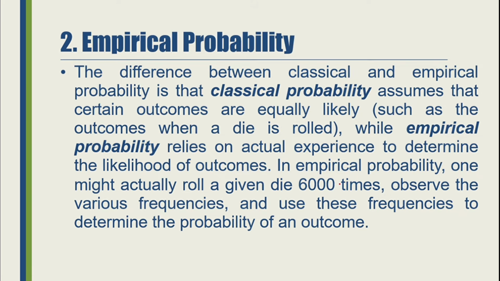In empirical probability, one might actually roll a given die 600 times, observe the various frequencies, and use these frequencies to determine the probability of an outcome. Again, classical is equally likely, and empirical probability relies on actual experience or the frequencies. Okay, so that's all about empirical probability.